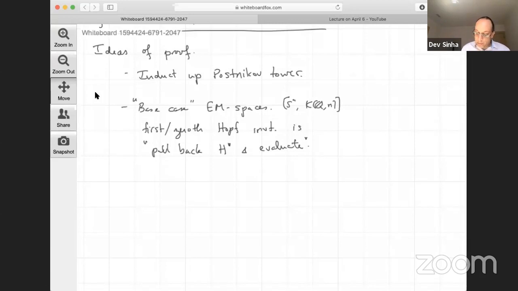And then you have to induct over fibrations. So you have the long exact sequence in rational homotopy for a fibration.